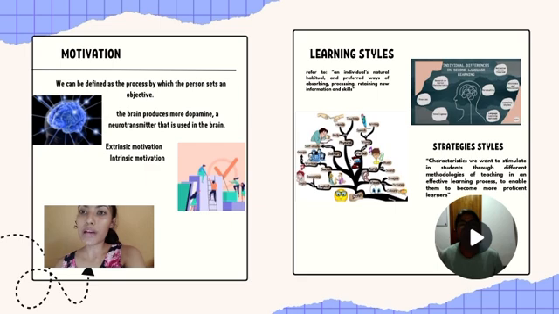We have two types of motivation. Extrinsic motivation is a set of actions that you carry out in order to obtain an external reward. Intrinsic motivation is that which comes from each individual and is independent of any type of external stimulus. When we have motivation, the brain makes more dopamine.